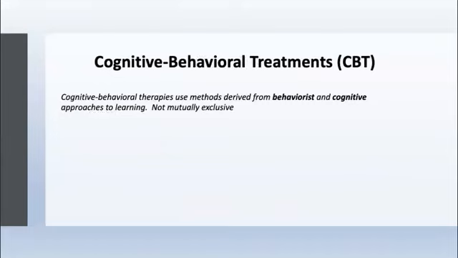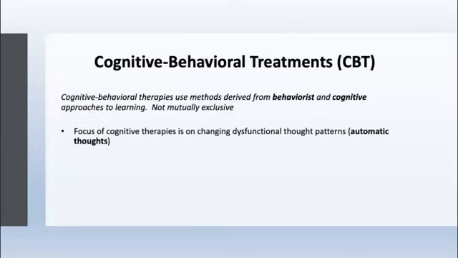The first technique from a cognitive approach is known as cognitive behavioral treatment, or CBT. So these are derived from both behaviorist and cognitive approaches. So it combines the two essentially.